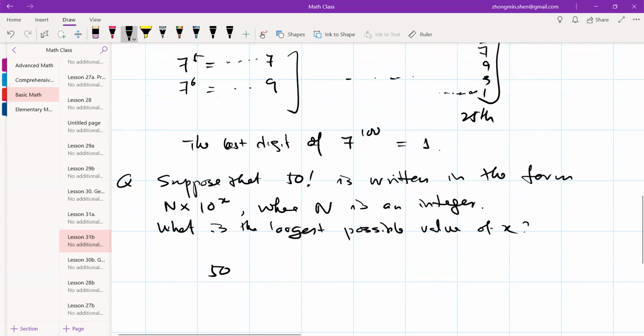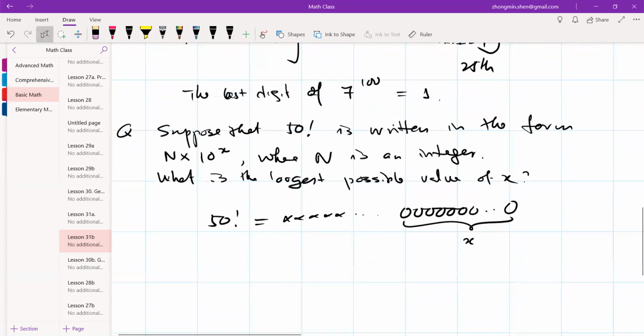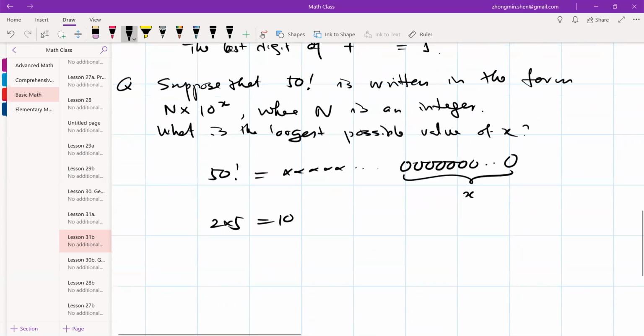Okay, so we just need to know, if you multiply this out, you get 0, 0, 0, 0, 0, to the x, you have x zeros here. Okay, right? So you need to understand why we get 0. 10 comes only when 2 times 5 is given, right?